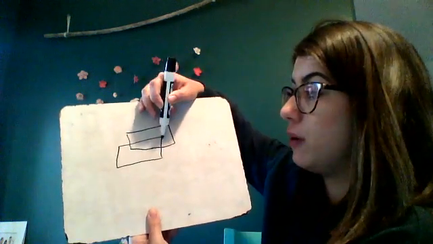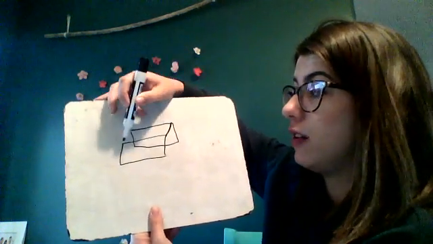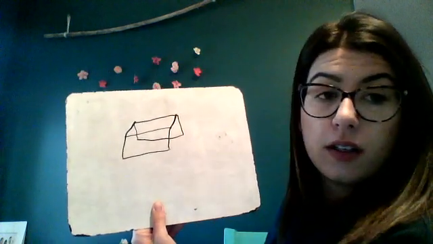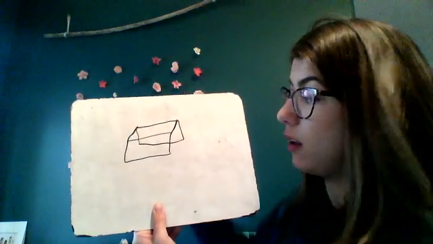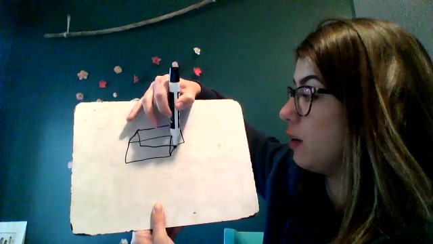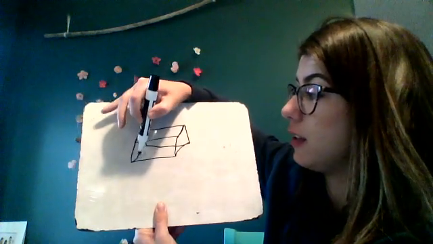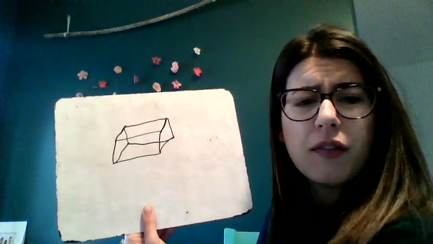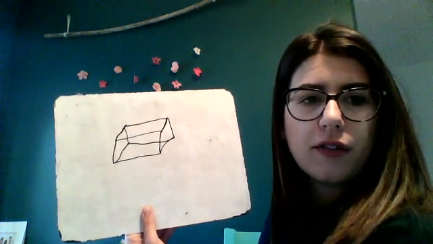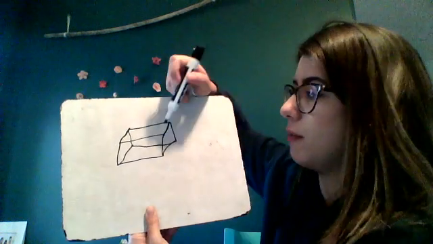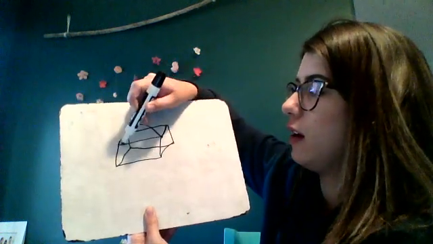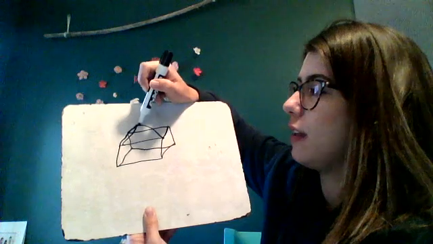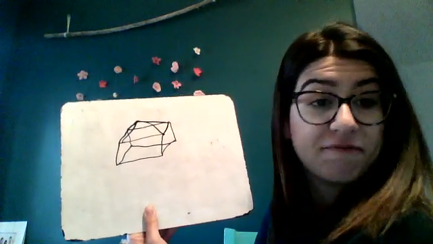So you go top right to top right, top left to top left. And then you have your bottom vertices connecting just like that. Some of you draw your houses already 3D, I've noticed. So you could add a roof and then you can make a 3D house that way.